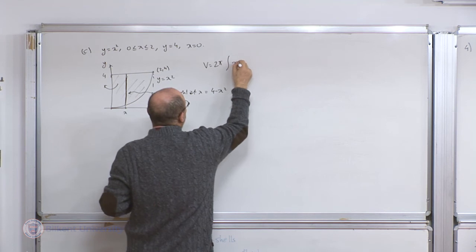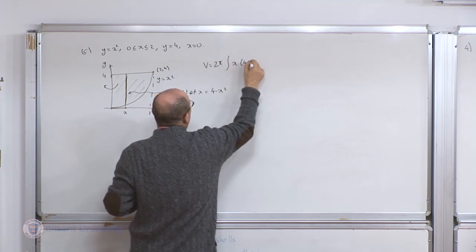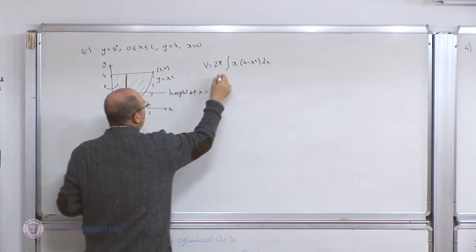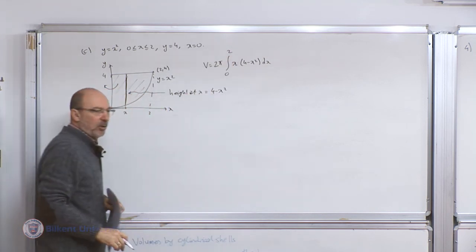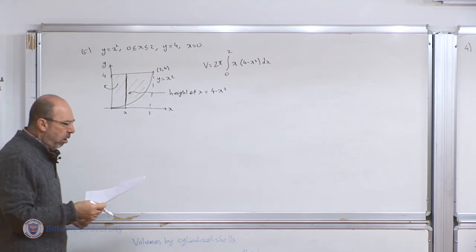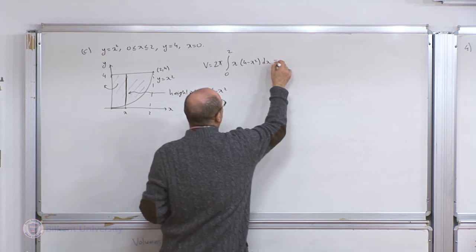So this is x times 4 minus x squared dx, and x goes from 0 to 2. So this is the integral. If you check, this is going to be 8 pi.